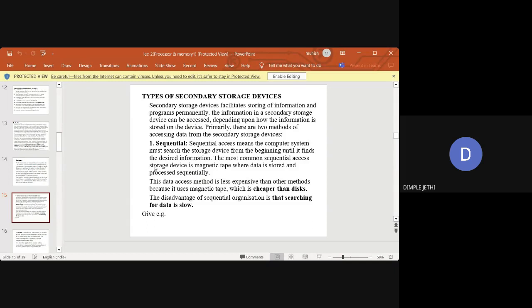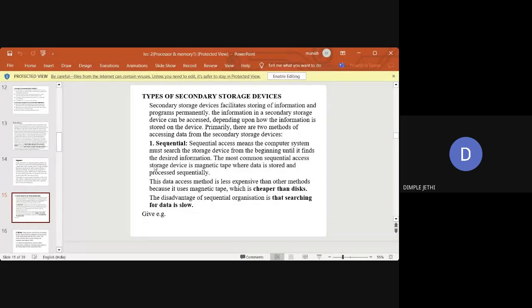Then we come to the secondary memory. Can somebody tell me the main features of secondary memory, as we have already discussed? They are non-volatile.